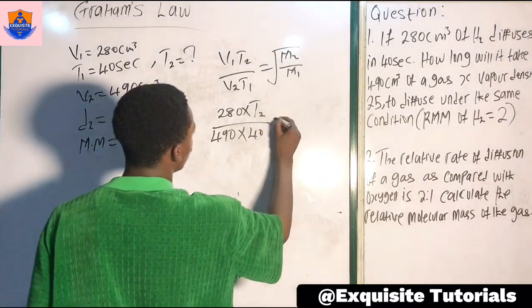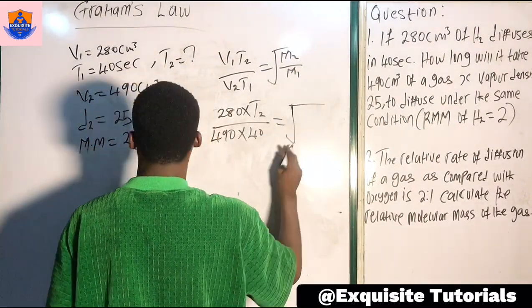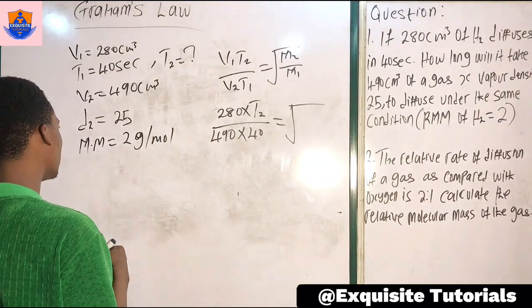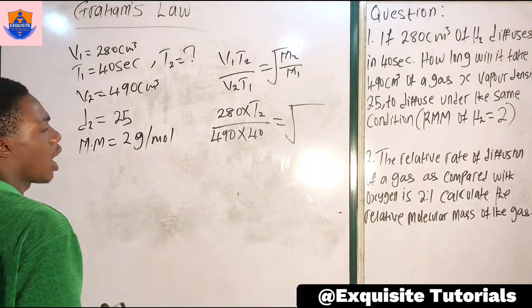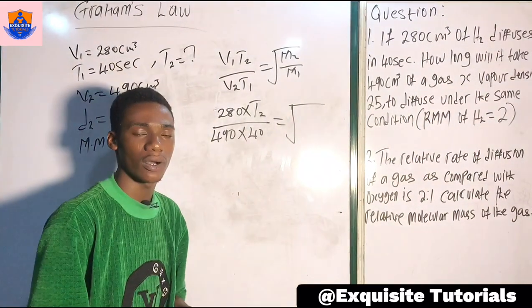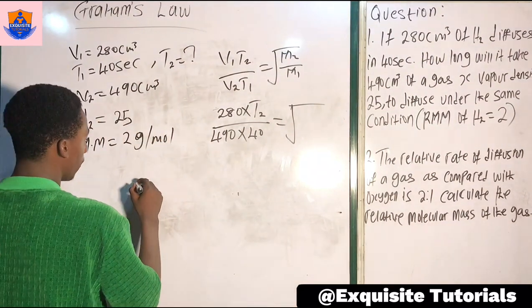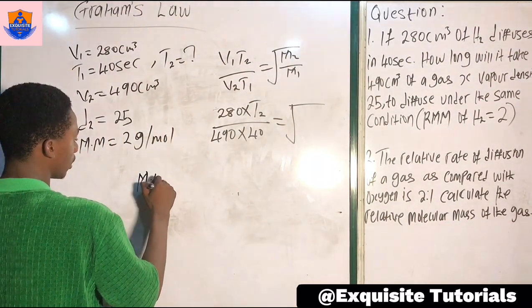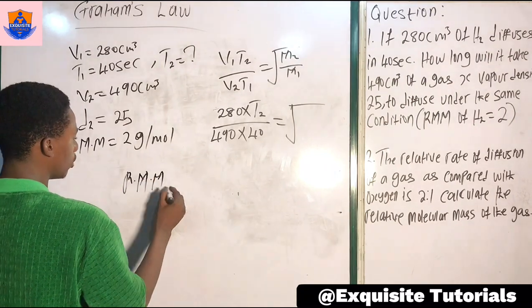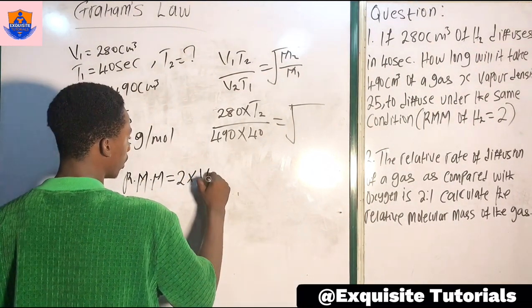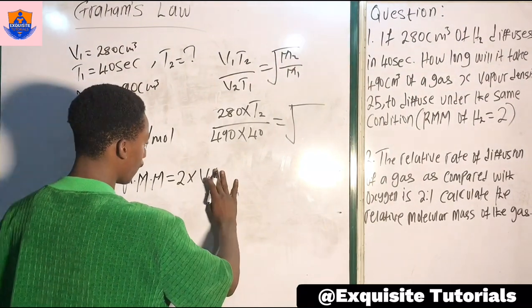Times T1, 40 seconds is equal to root M2. What is our M2 given? Our M2 was given in density. So how do you convert density to molar mass? Relative molecular mass is equal to 2 times the vapor density.